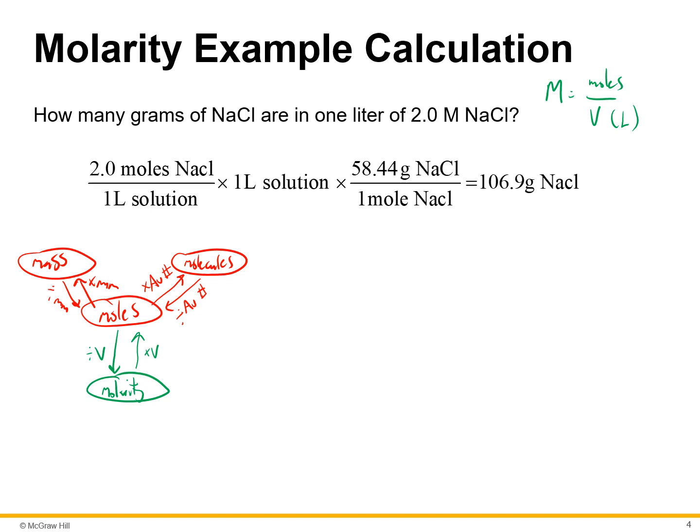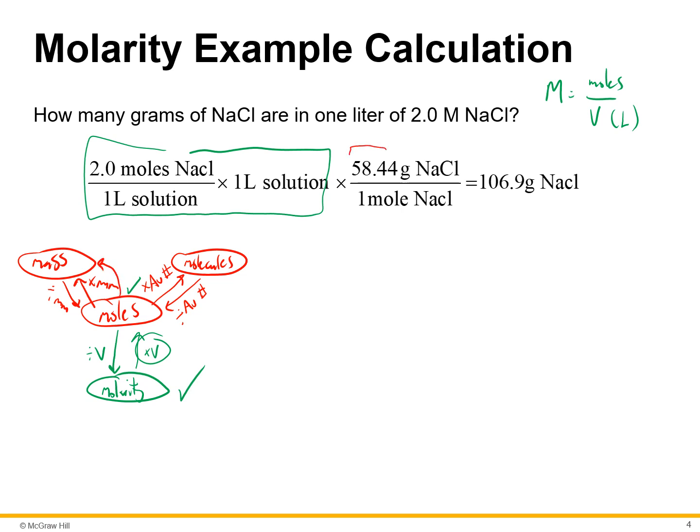So they give us the concentration, 2 molar. We know the volume. We can go from molarity to moles by multiplying by the volume, which they did right here. And once you have the moles, you can multiply by the molar mass to get to the mass.